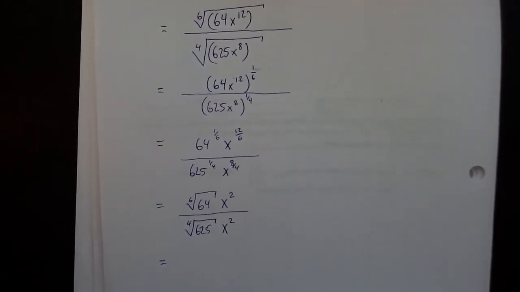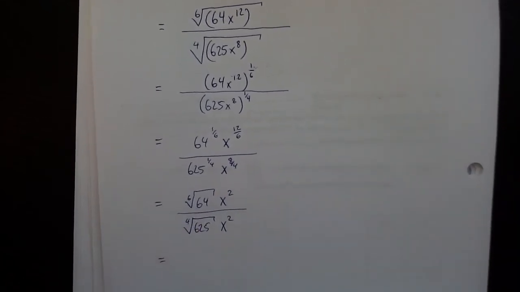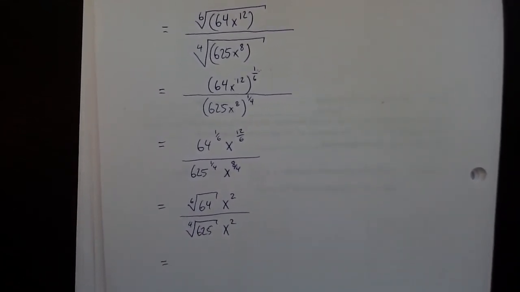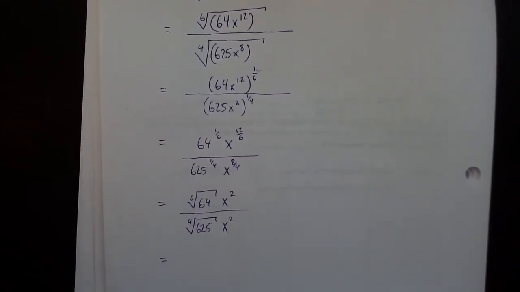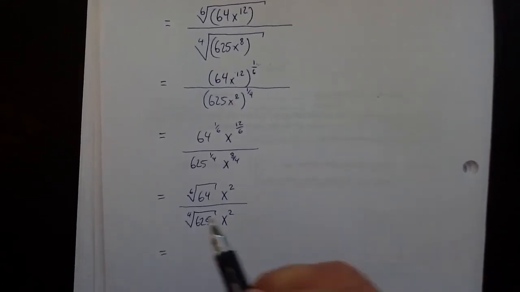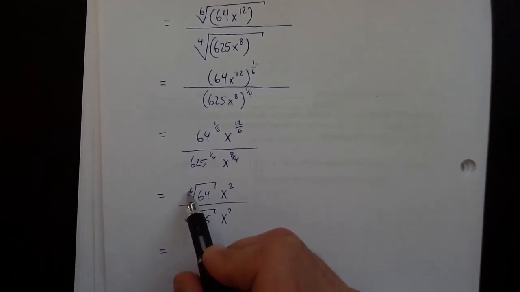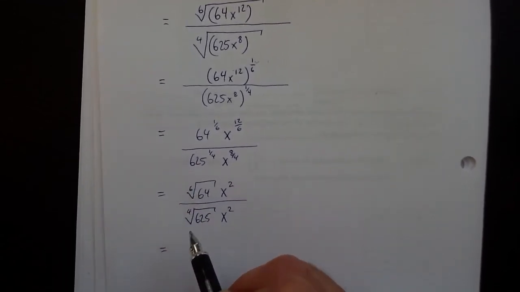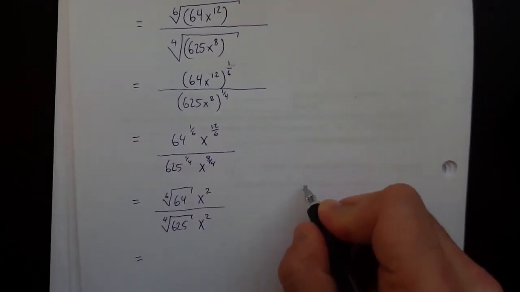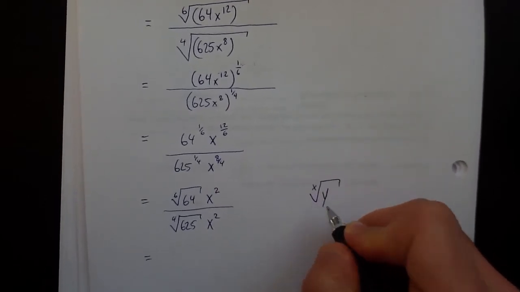So as long as you know how to use your calculator, 6th roots and 7th roots, all that stuff, you have to know which button. Some of you have to press the button first. Okay, so some of you have to press the 64, then the button, and then the 6. Some of you others have to press the 6, then the button, then 64. The button should look something like this, the x root of y.